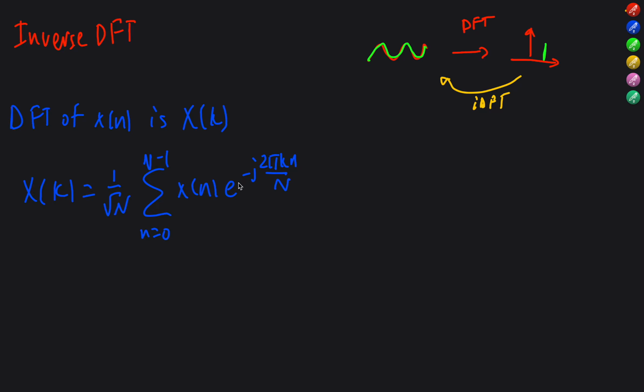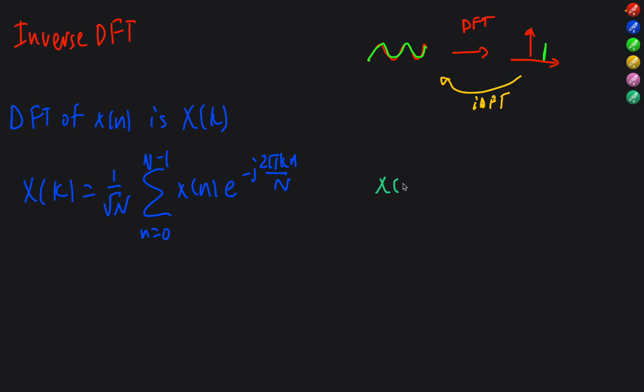This is like an inner product between x and every single complex exponential: going across all the k's, it takes the inner product of x with all of these different complex exponentials. If that doesn't make sense, watch the video before. Now let's talk about the inverse DFT.